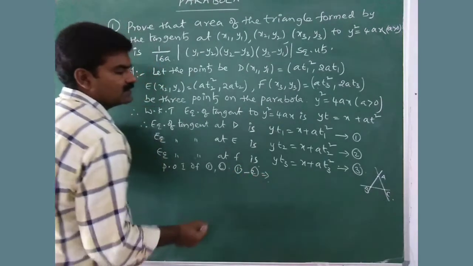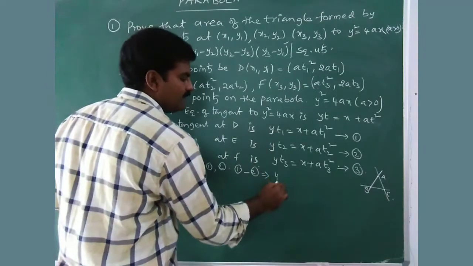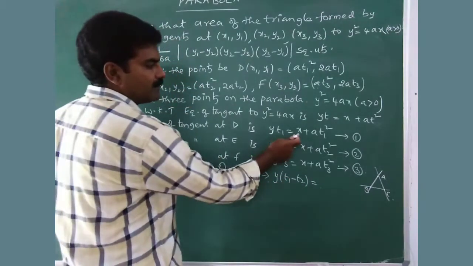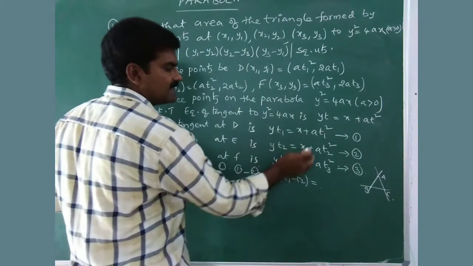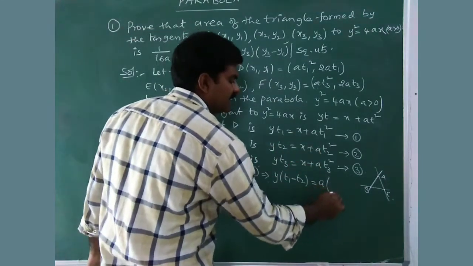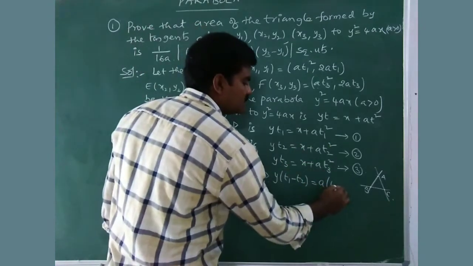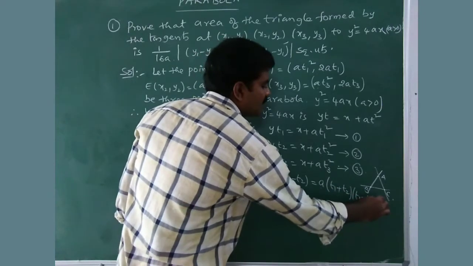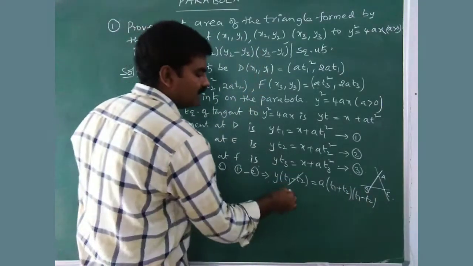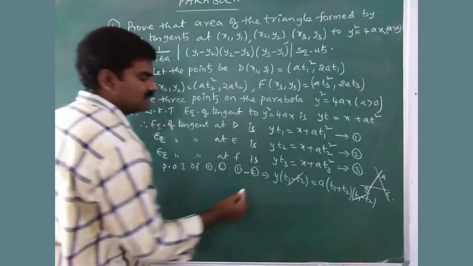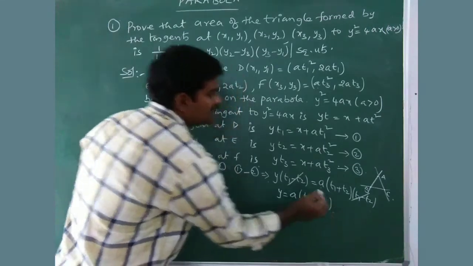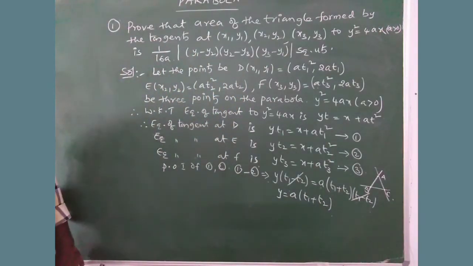That implies, if you take y common, t1 minus t2, which is equal to, from here x and minus x cancel, and here if I take a common, t1 square minus t2 square, which we can write as t1 plus t2 into t1 minus t2. Now t1 minus t2 and t1 minus t2 cancel, and we get y as a into t1 plus t2.